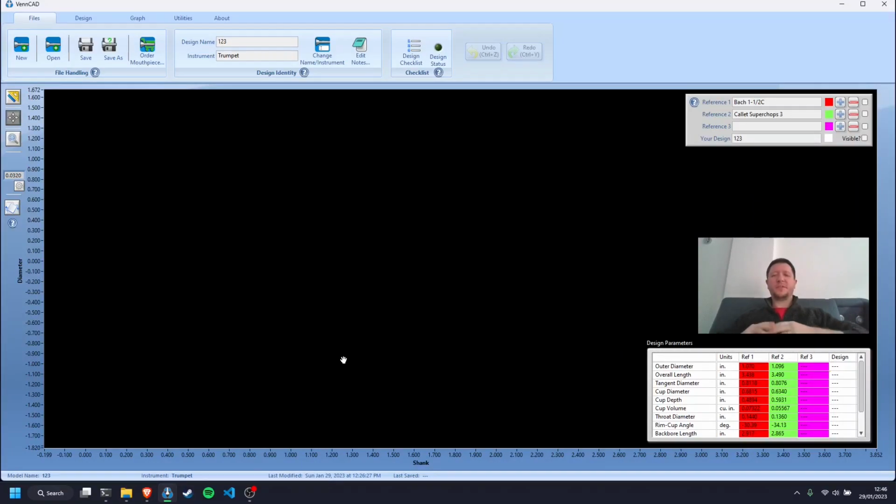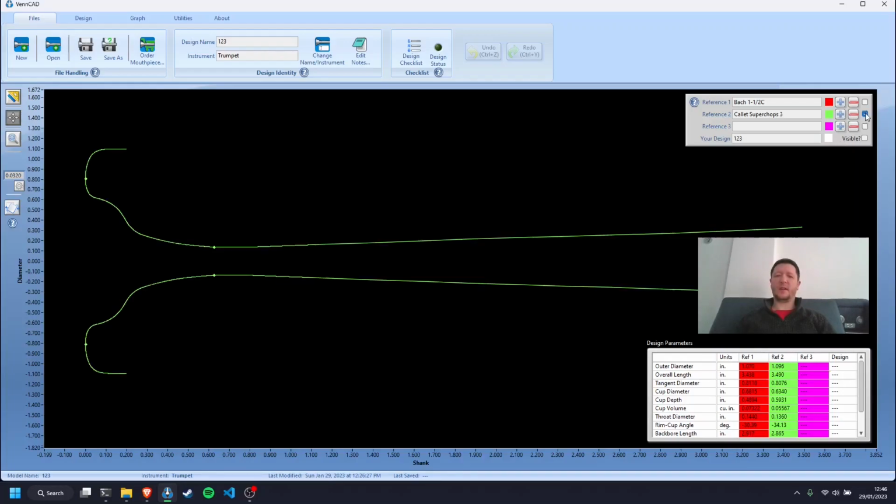So first thing I wanted to do with this is basically describe some features and tell you something that does relate to my mouthpiece designs. Those who've ever spoken to me about the neoteric brass trumpet mouthpieces will know that I base all of my mouthpieces on the rim that comes with the Super Chops 3 mouthpiece.